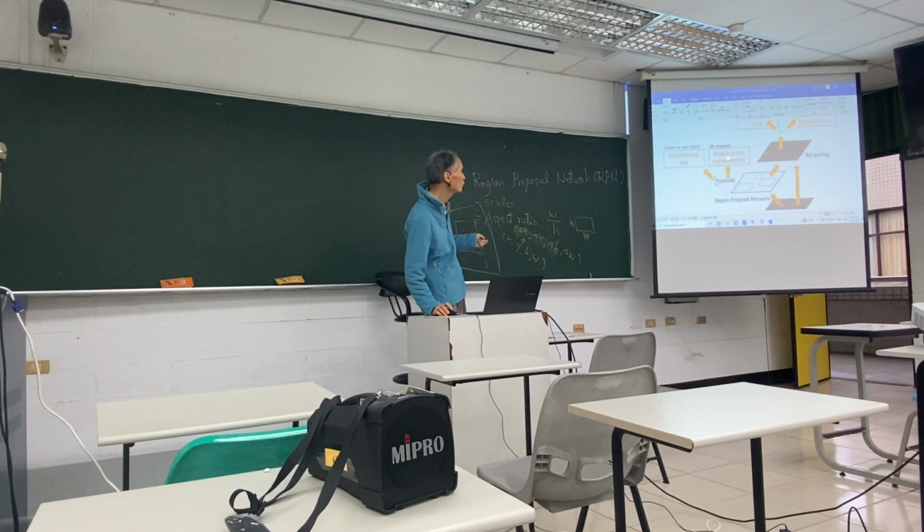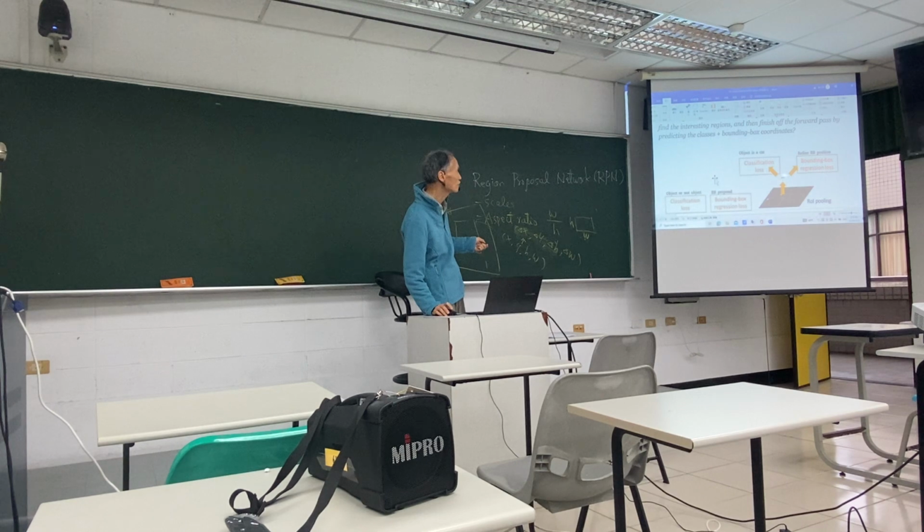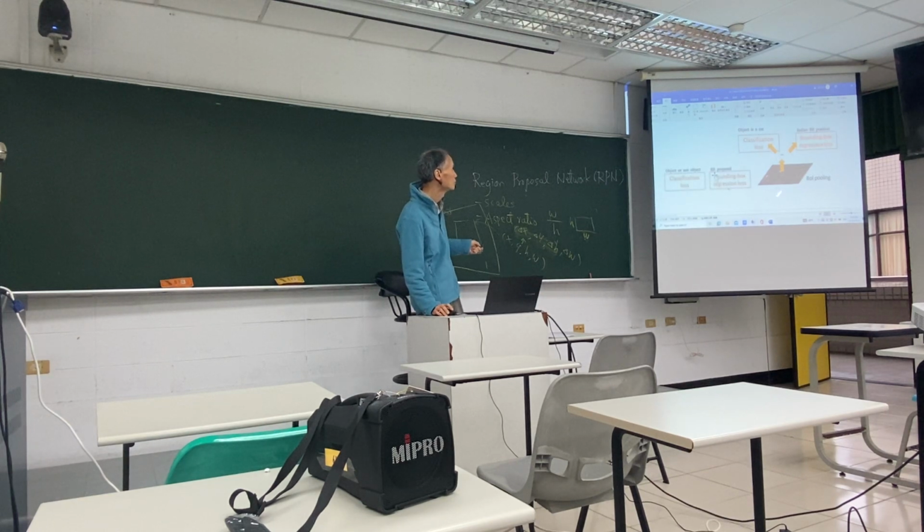This one checks whether it is an object or not. If it truly contains an object, then you find the corresponding location to make the final classification of the class and to refine the final bounding box.